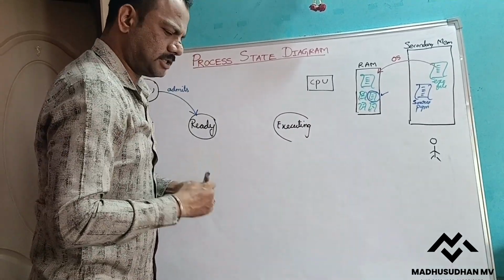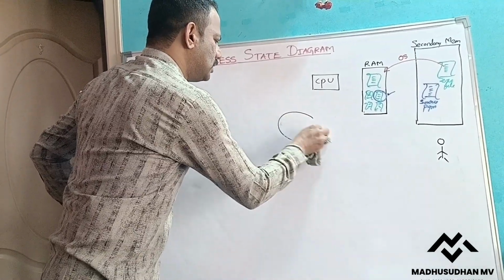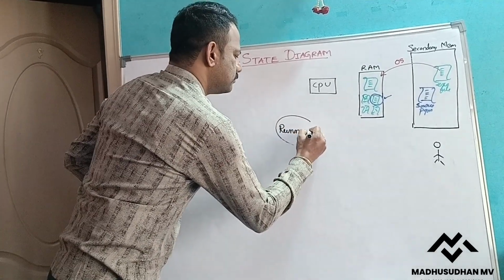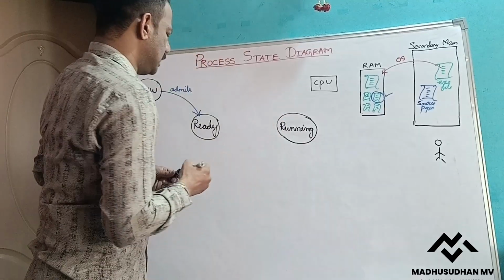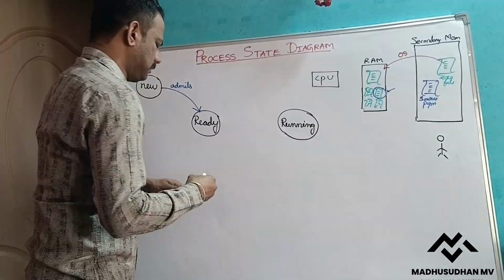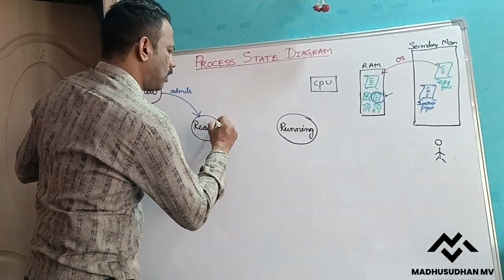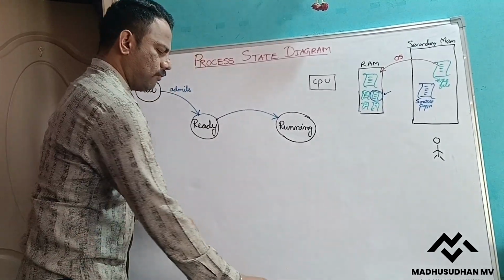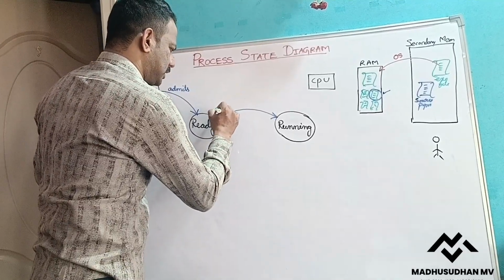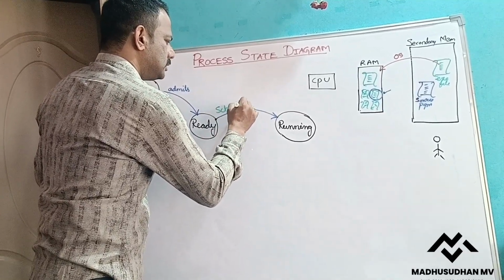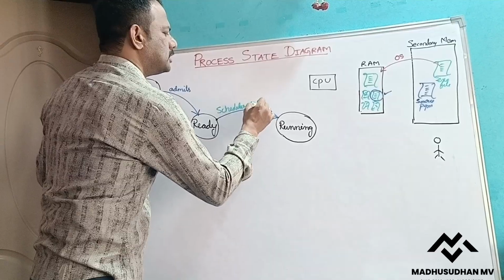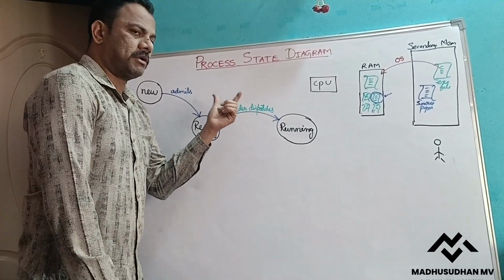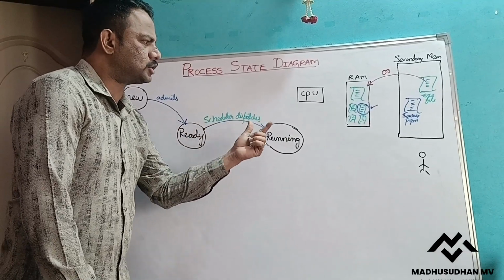Generally we use the term running state instead of executing. So it comes from the ready state to the running state. When does it go from ready to running? Whenever our scheduler selects and the dispatcher switches our CPU from one process to another process.